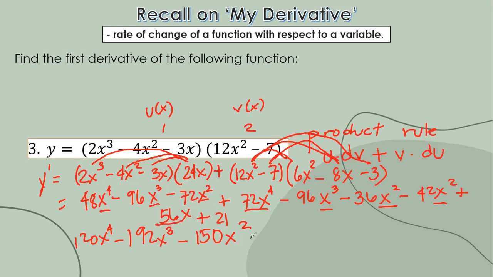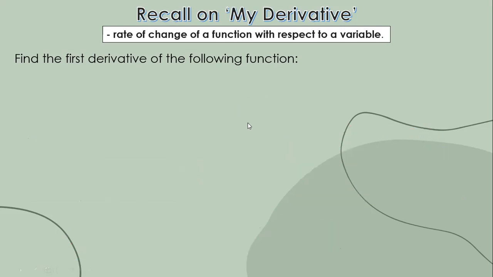That is positive 56x plus the constant term plus 21. Okay, and that is our final answer for number 3. Okay, we just use the product rule. Right, so let's move on to number 4.